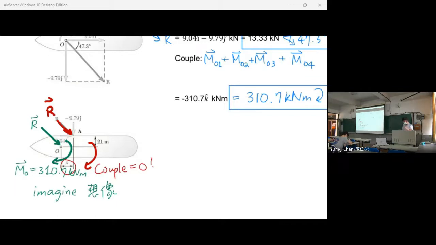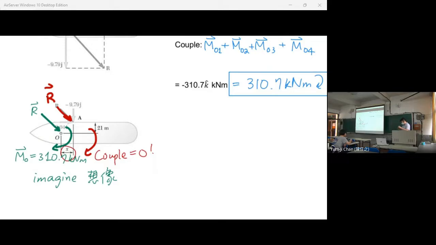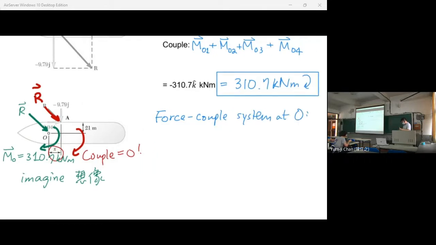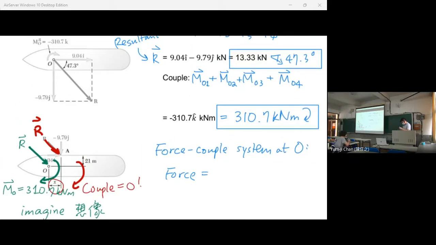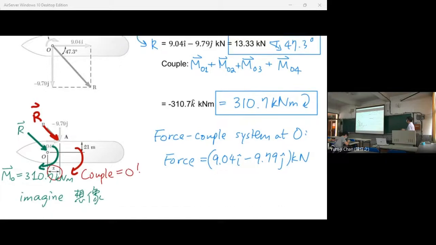So we write it like this. For the force couple system at O, the force part is easy. The force is equal to 9.04 i minus 9.79 j kilonewton.